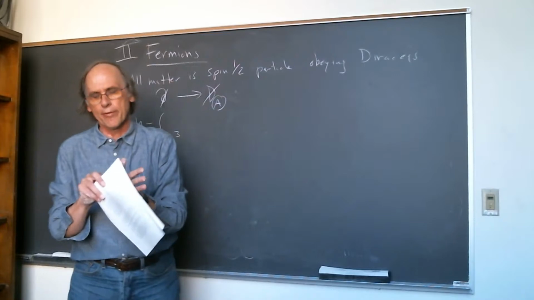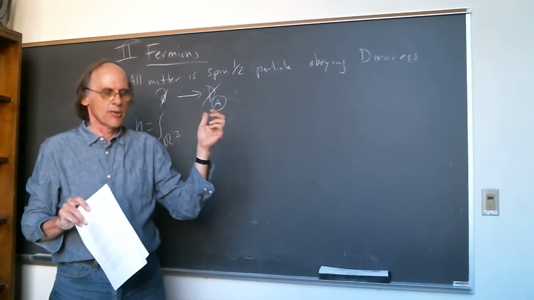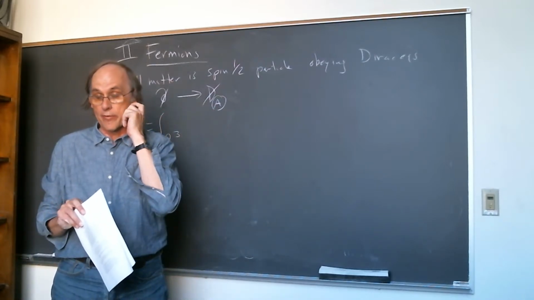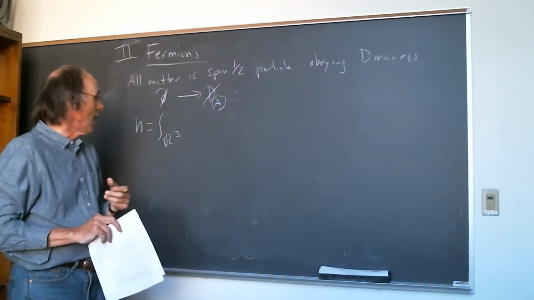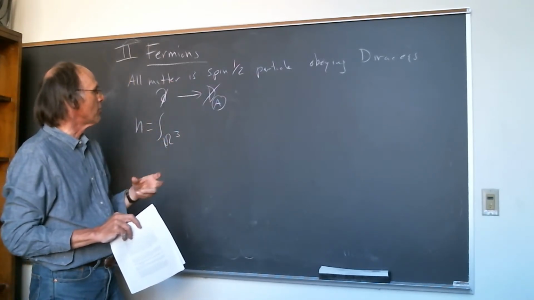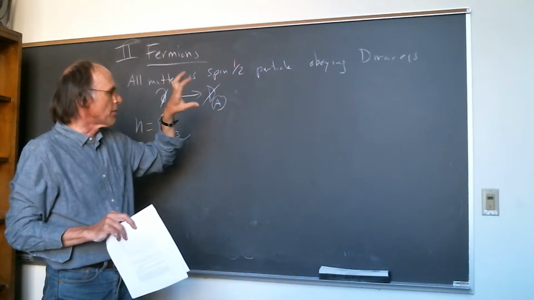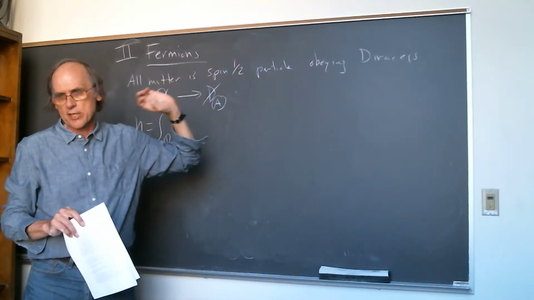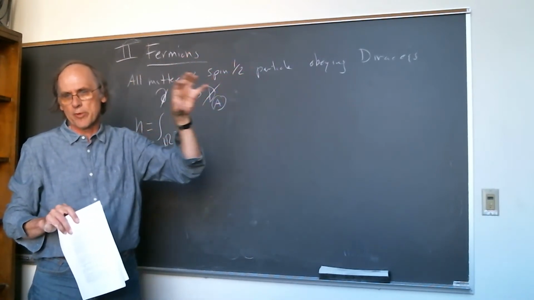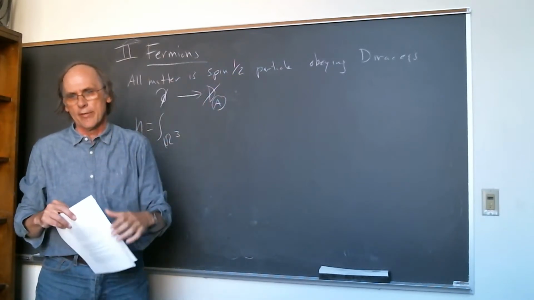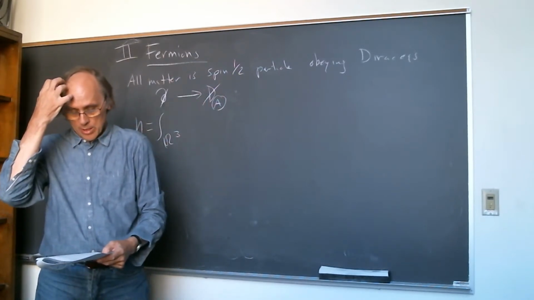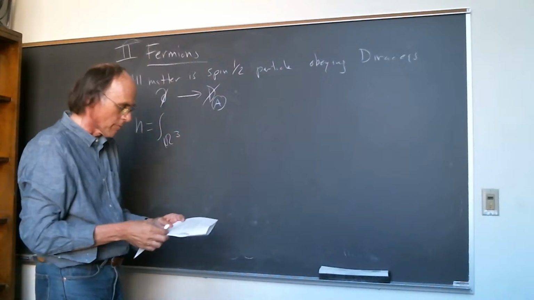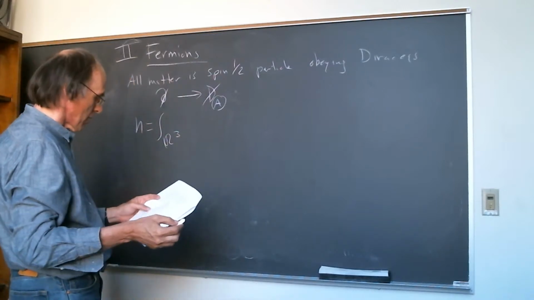Different fields have different values of the U1 charge, they transform in certain representations of the SU2, and in certain representations of the SU3. They're very simple representations, but let me write this out.